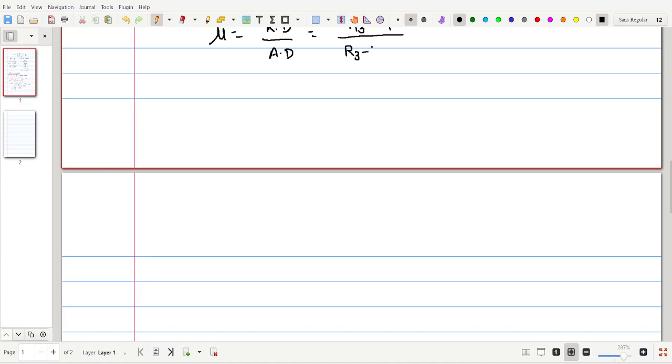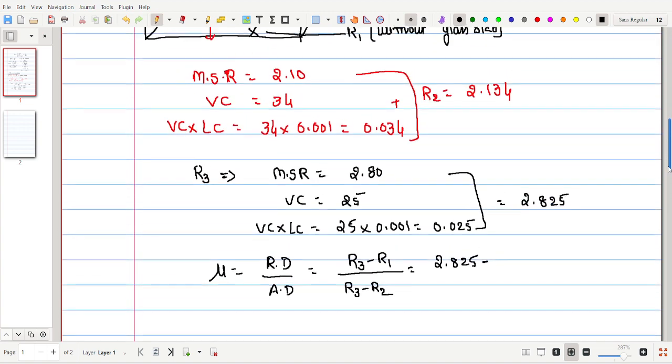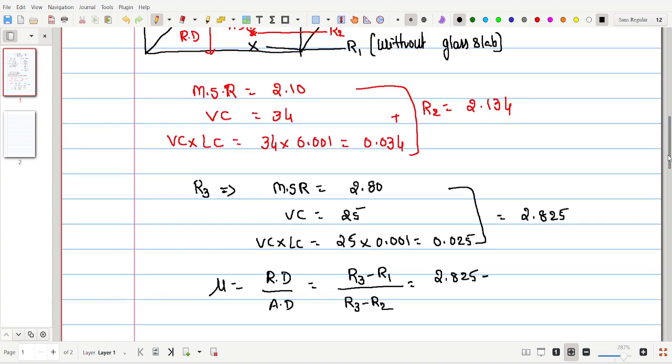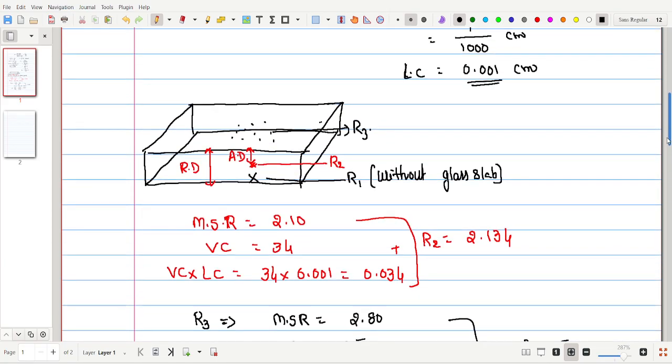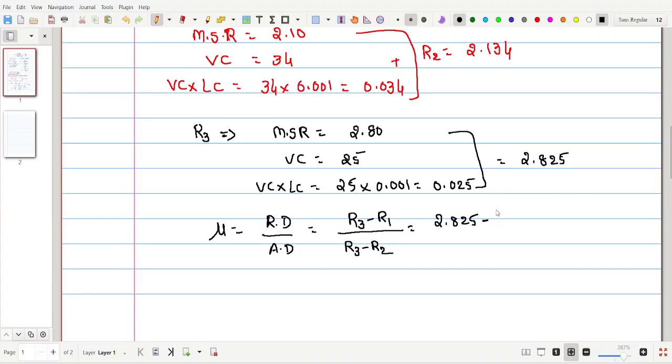You know the values already: R3 is 2.825 and R1 is 1.823.